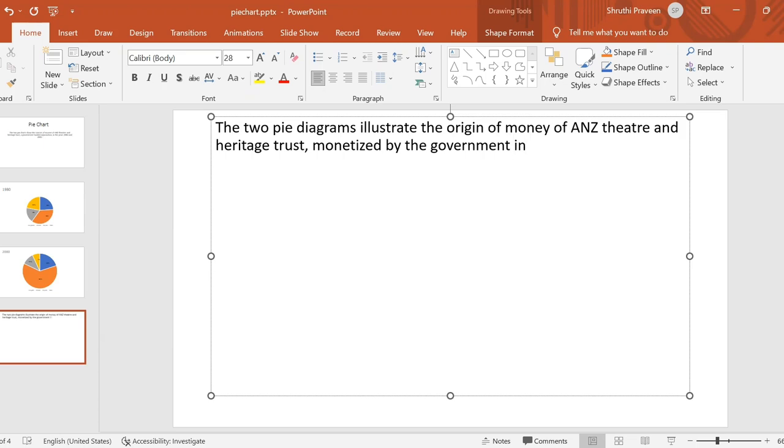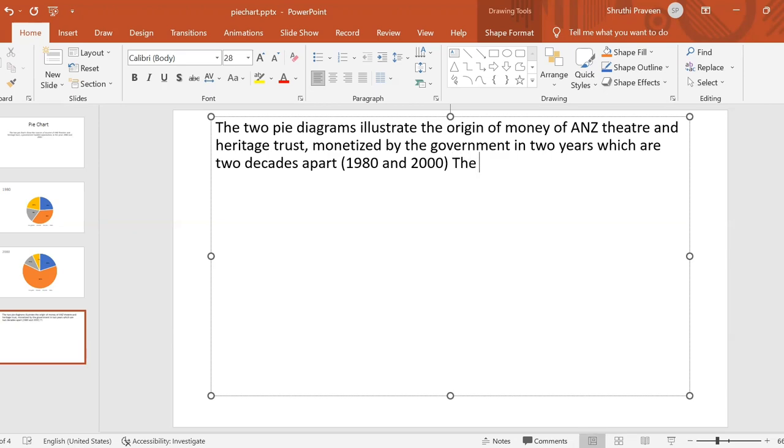In 2 years, which are 2 decades apart. Maybe in bracket I can write 1980 and 2000.